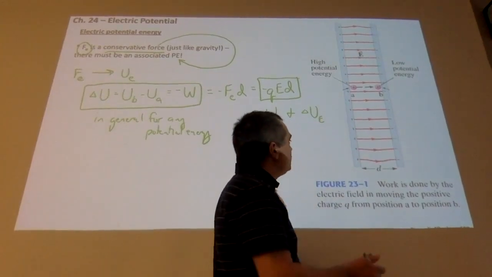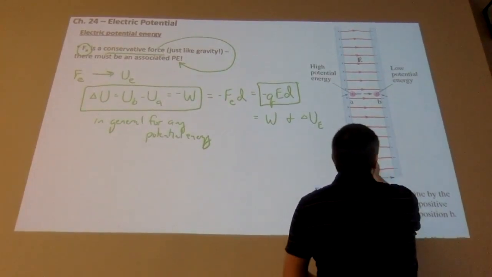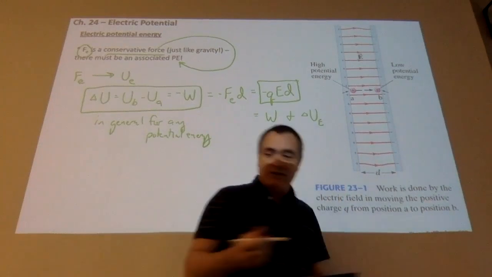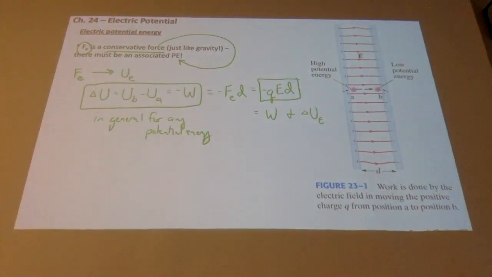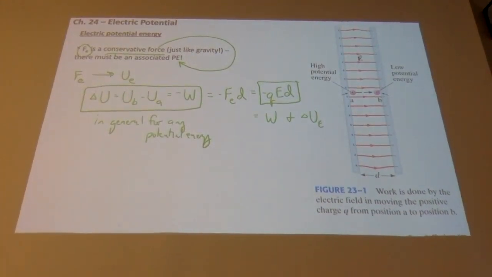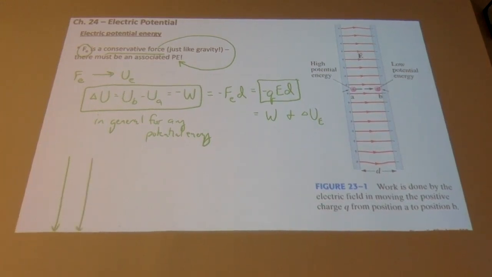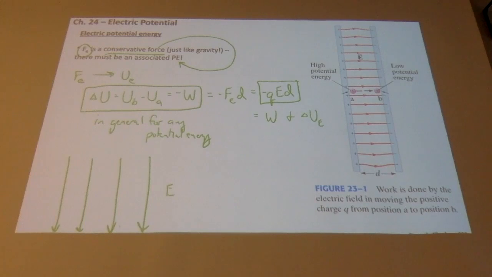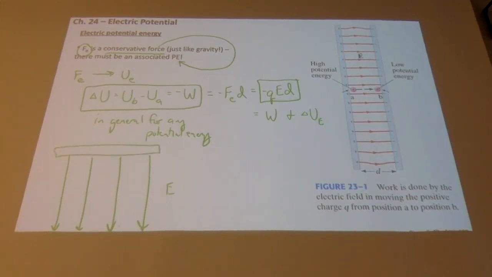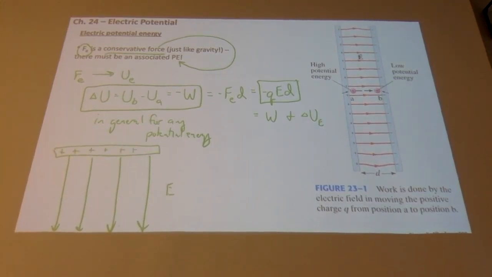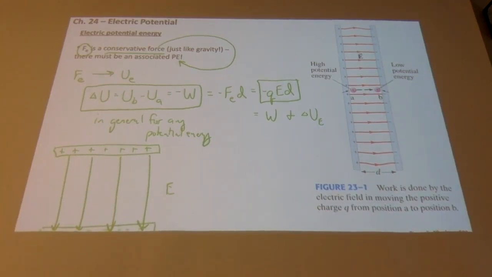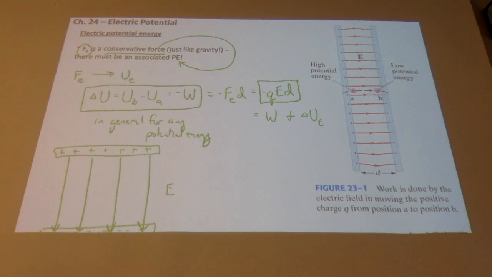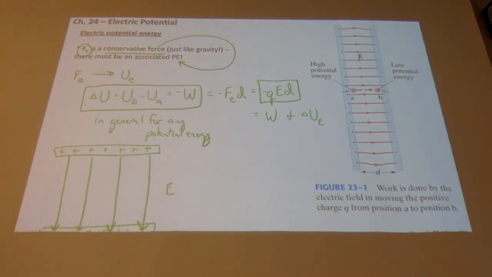So you can almost think of this region here, and I hate that this is so close together. In fact, let's draw it again ourselves. Let's imagine that there is an electric field that points like this, and it's being created because there are a bunch of positive charges up here, and there are a bunch of negative charges down here, creating this electric field in between that region of space.